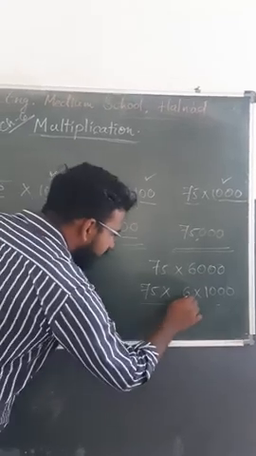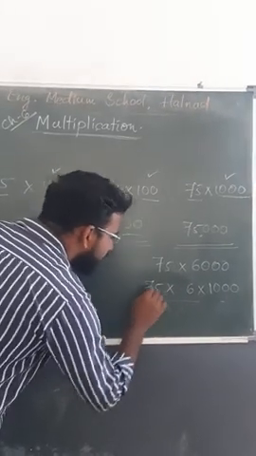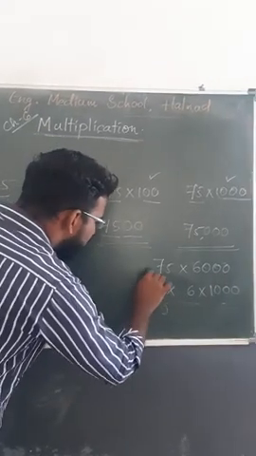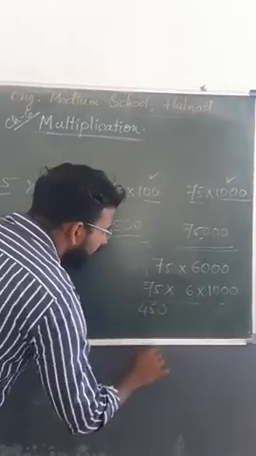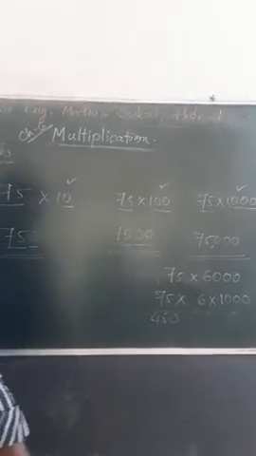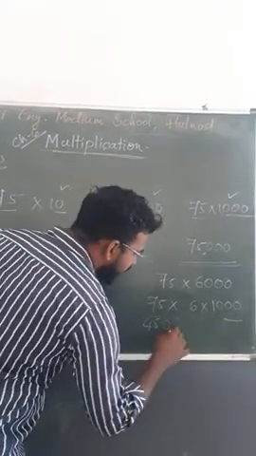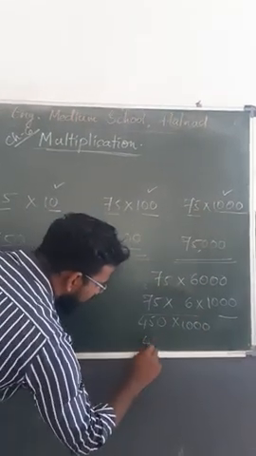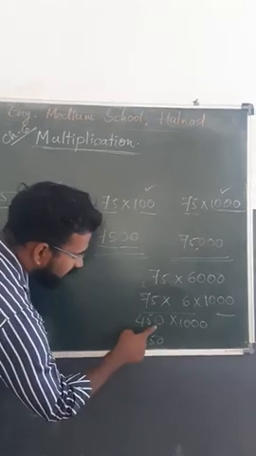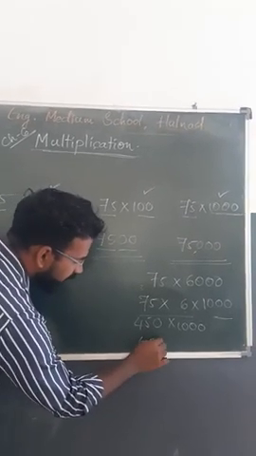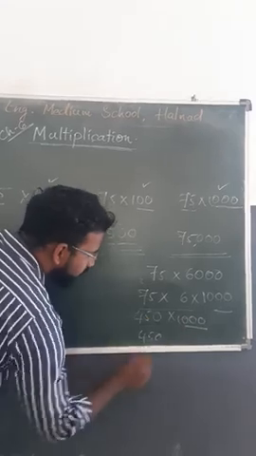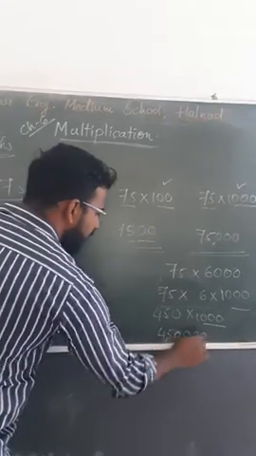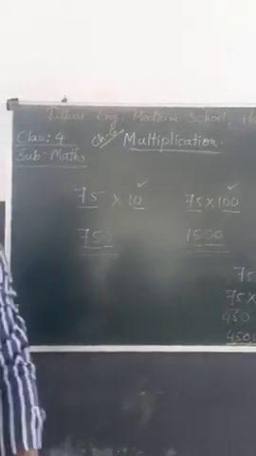First I multiply 6 into 5, 30, carry 3. 6 into 7, 42, plus 3, 45. So 450 into 1000. We know that, just place the zeros. Already we have 1 zero here, don't count that. Then 1, 2, 3 zeros: 450,000.